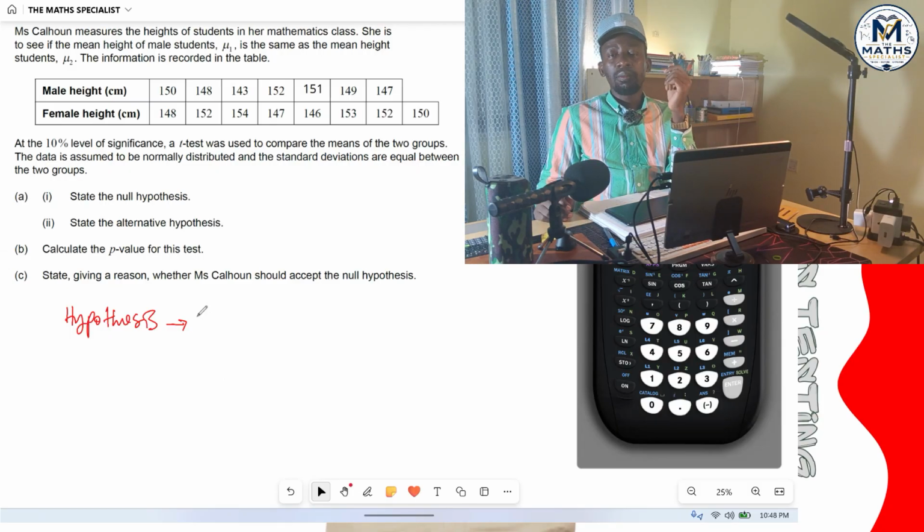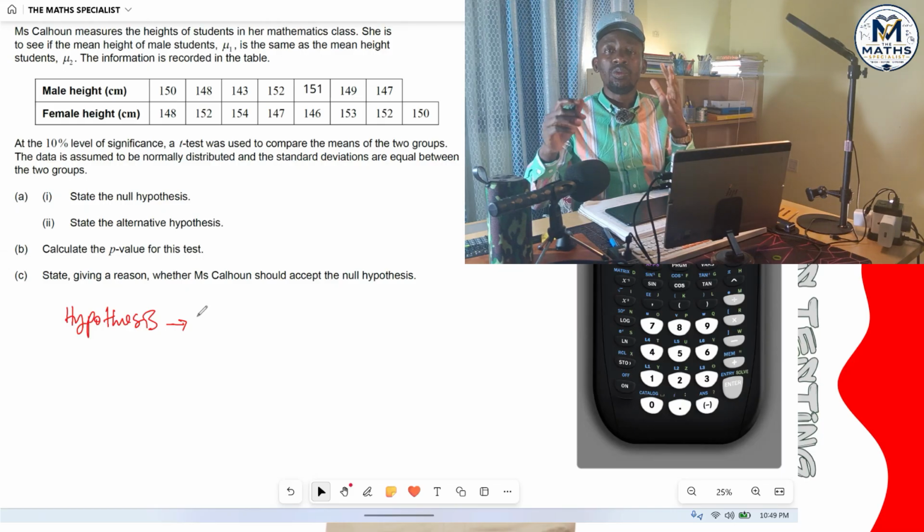For example, the manufacturer of drugs claims that the new drug is 80% more efficient than the previous drug.